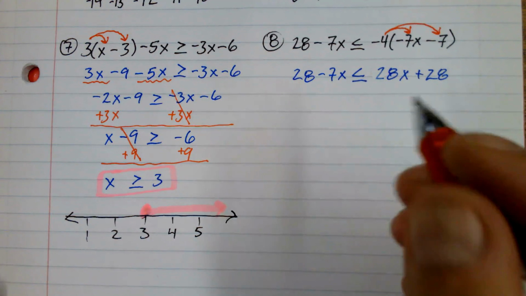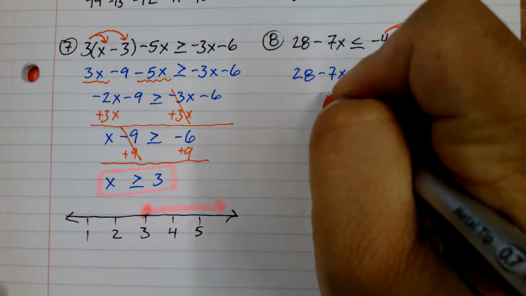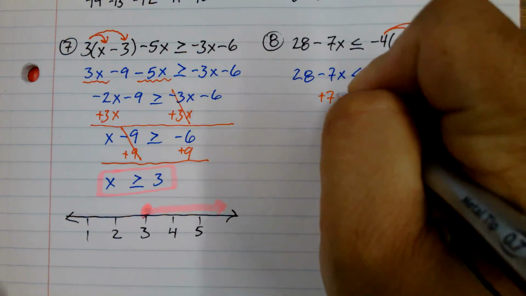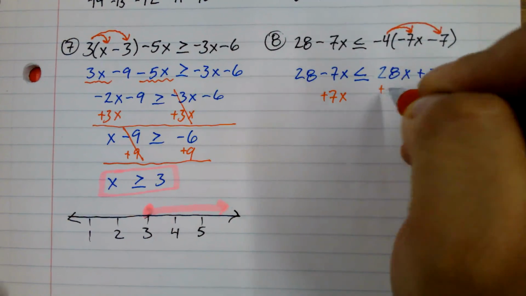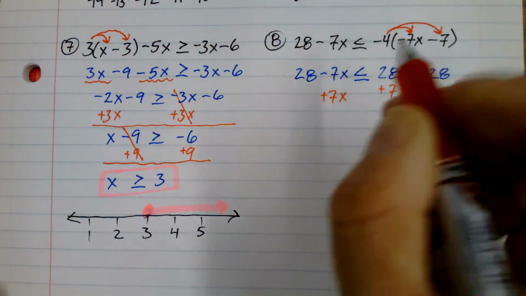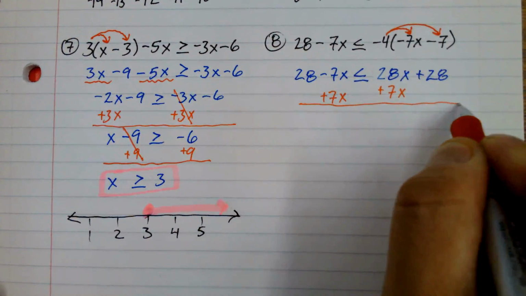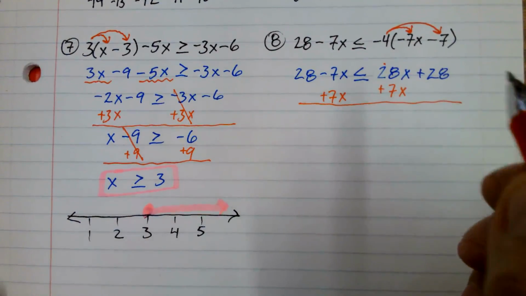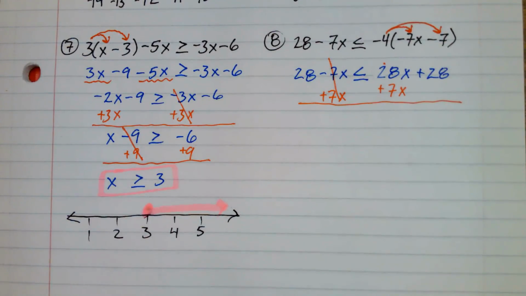So let's get rid of the 7x. Why not? In this case, one will be the same number of steps as the other. Okay, so I cancel that.